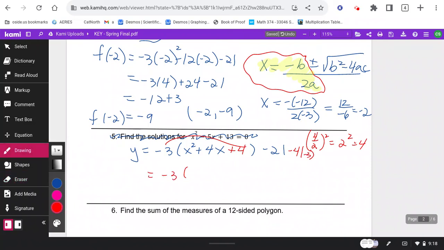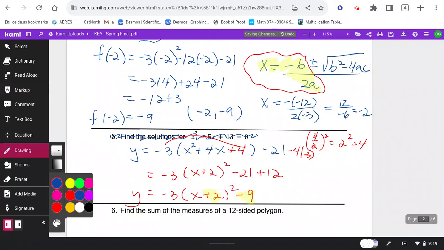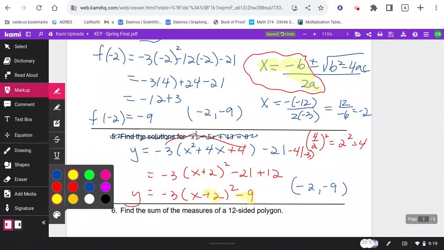And so we get the negative 3, x plus 2 squared, factors, negative 21 plus 12. And negative 21 plus 12 is negative 9. And the question that we were trying to answer from the get-go is, what is our vertex? And so now we see that it's negative 2, negative 9, the exact same answer we got up here.